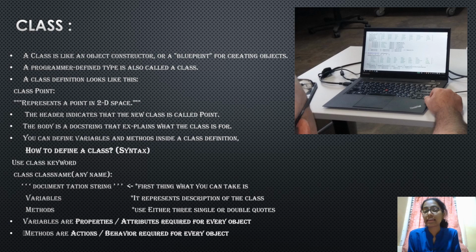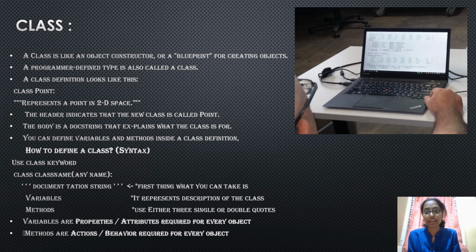So now in this slide, let's know more about class. A class is like an object constructor or a blueprint for creating objects. A programmer-defined type is also called a class. A class definition looks like this. Class Point.